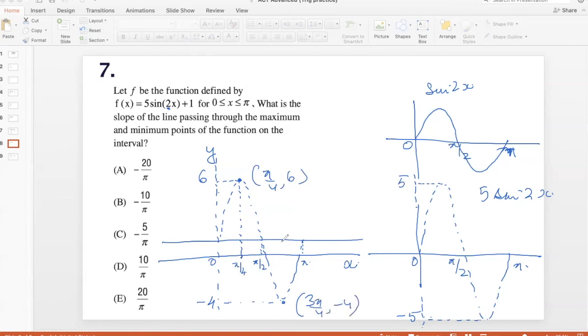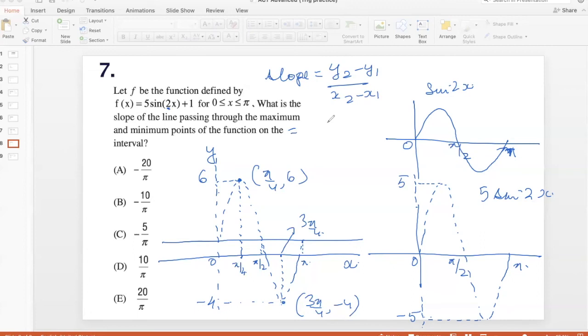Because the x value here would be 3 pi by 4. It would be right between pi by 2 and pi, right? So if that is the case, I know the coordinates of the highest point and the minimum point. So I can find the slope of the line. The slope would be y2 minus y1 divided by x2 minus x1.